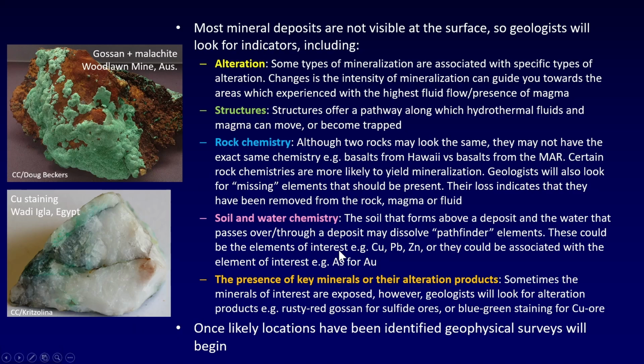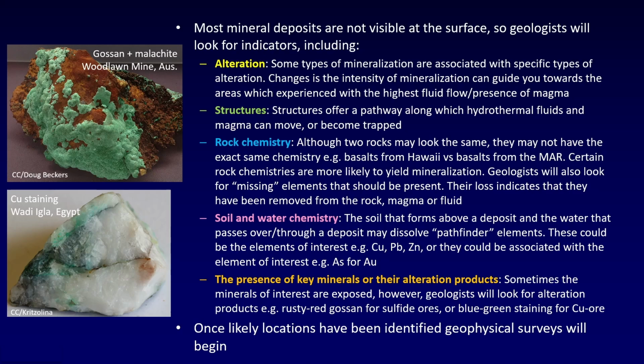And the final thing that we're going to keep an eye out for is the presence of key minerals and, more importantly, their alteration products. Sometimes, if you are super lucky, you will be able to walk around and find an outcrop, and the mineral of interest will be right there in front of you. But that's very unlikely.